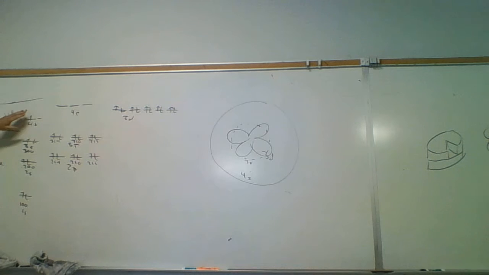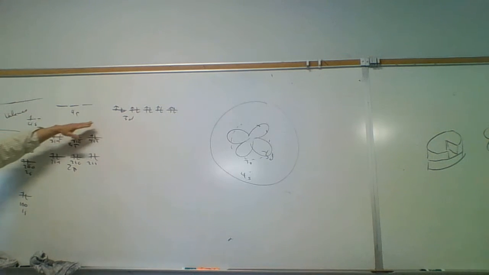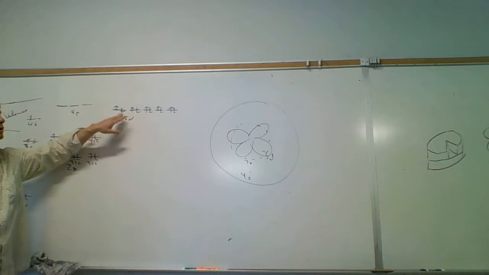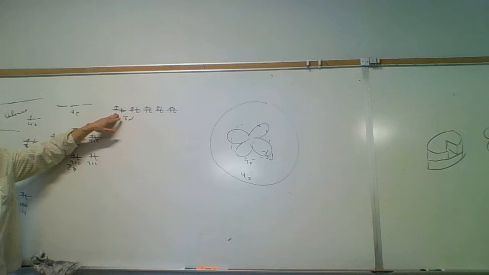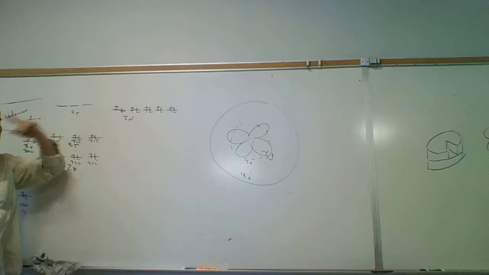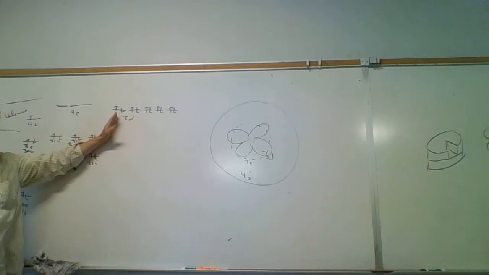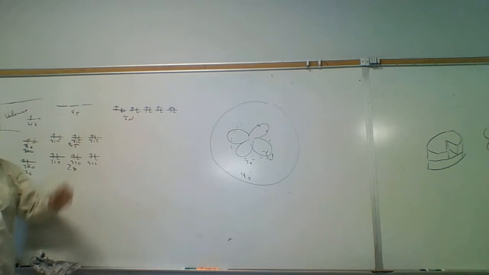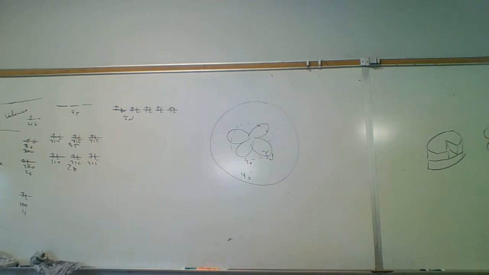Plus 1, we lose the 4s electron, so copper 1 is common. We lose the s electron, we don't want to mess with the d. Copper plus 2 is also very common, in fact extremely common. And it doesn't make sense looking at the orbitals here because the d is a full cake. We don't want to lose a slice of the full cake, but there's a reason for losing a slice of a full cake.